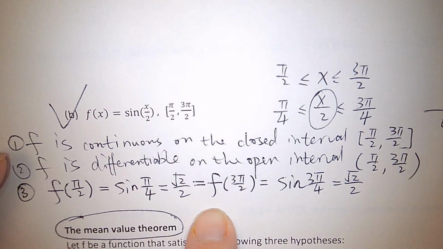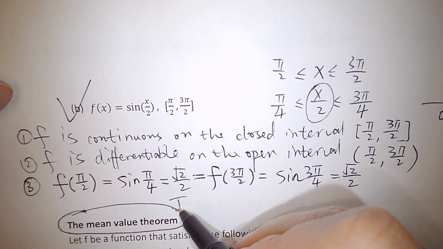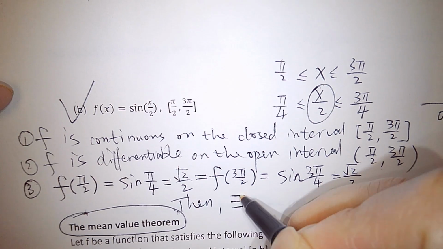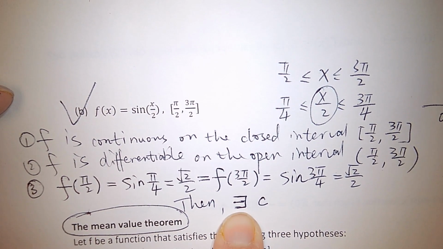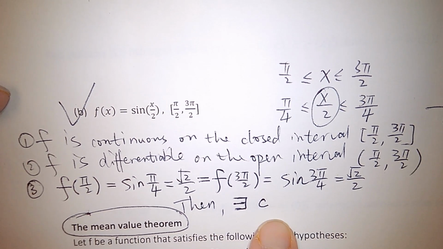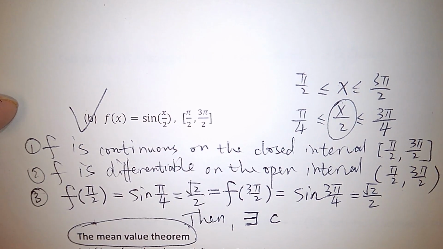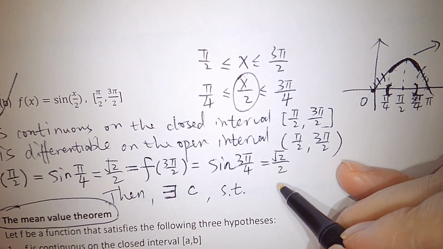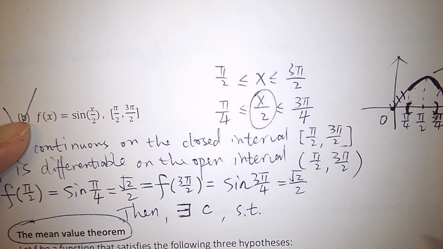Alright, so because all 3 hypotheses are satisfied, then by Rolle's theorem, there must exist a C between pi over 2 and 3 pi over 2, such that the derivative of f, what is the derivative of f?